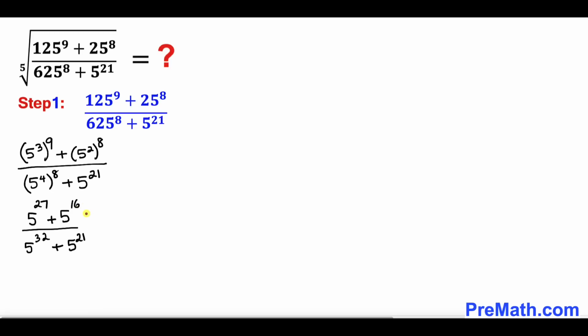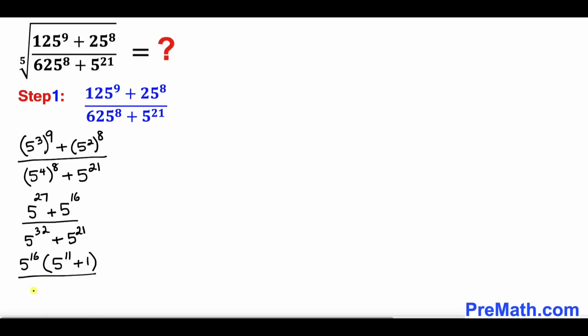Now we can see in the numerator 5 power 16 is in common, and likewise in the denominator 5 power 21 is in common. So therefore we are going to factor out 5 power 16 outside, and inside the parentheses we are going to have 5 power 11 plus 1, divided by, at the denominator, we're going to factor out 5 power 21 outside, and inside parentheses we're going to have 5 power 11 plus 1.